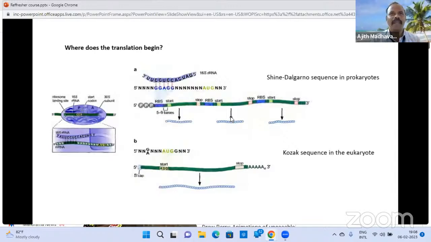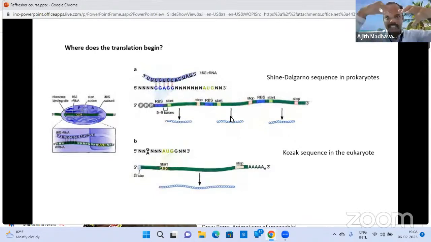I'll talk about it a little later, in a later slide, if you're interested. 16S is a special type of RNA molecule. The RNA molecule has a complementary sequence. If there is an A, you have a U there. If it is G, you have a C there, and vice versa.